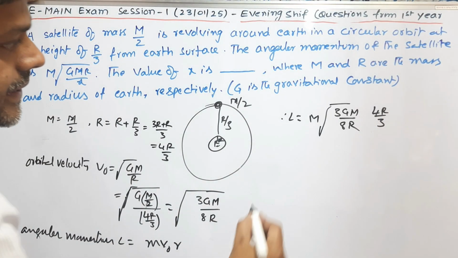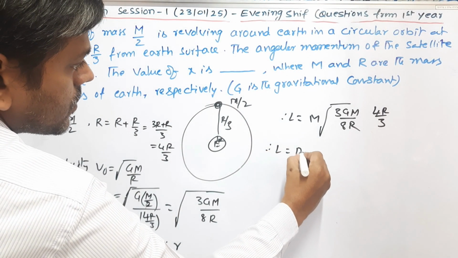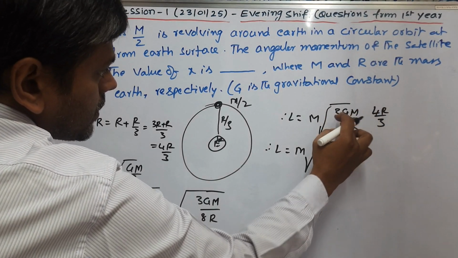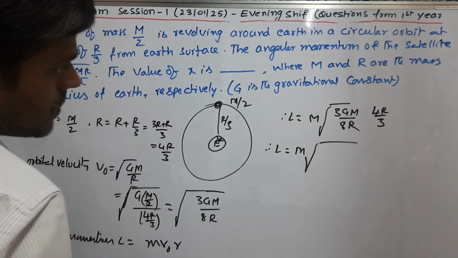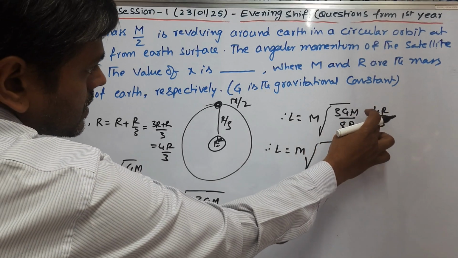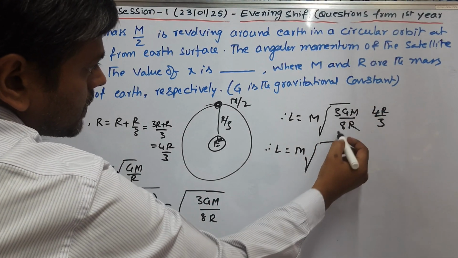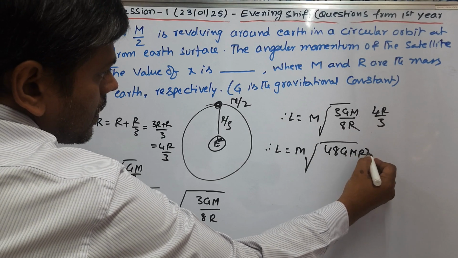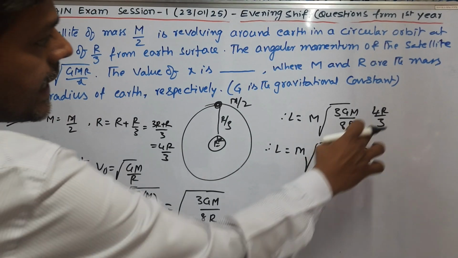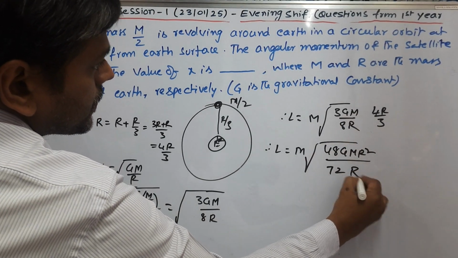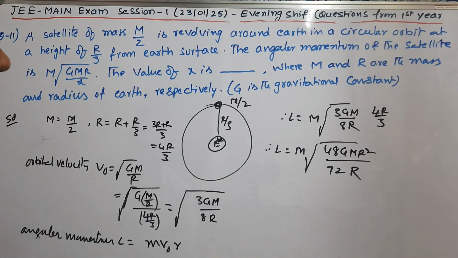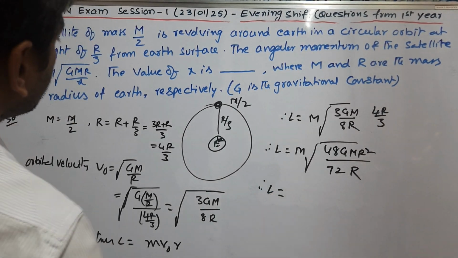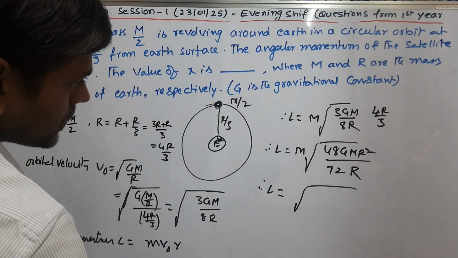When brought into the square root, r squared becomes 16 R square, that means 48 G M R square by 72 R.